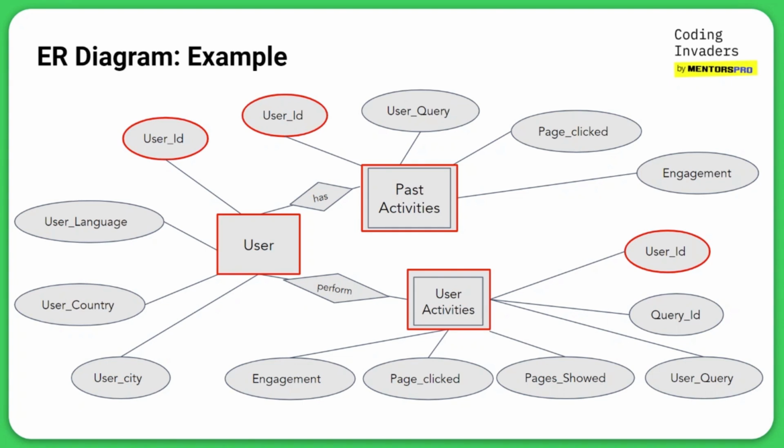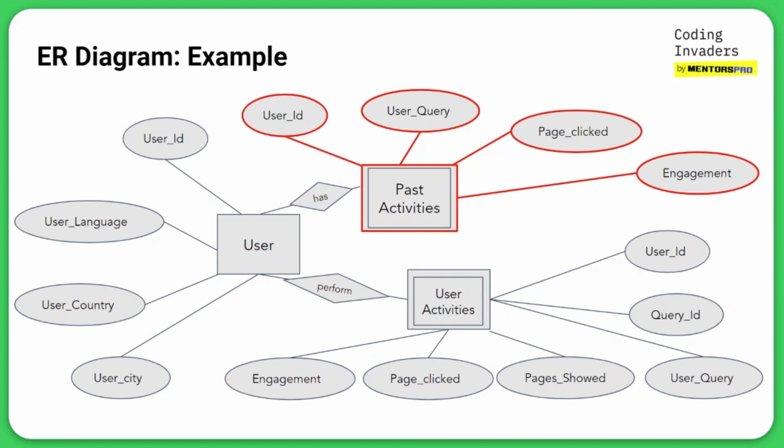Without the user entity, user activities and past activities would have no significance. The attributes of different entities are denoted inside the oval shape. For example, the weak entity, past activities, has the attributes user ID, user query, page clicked, and engagement.